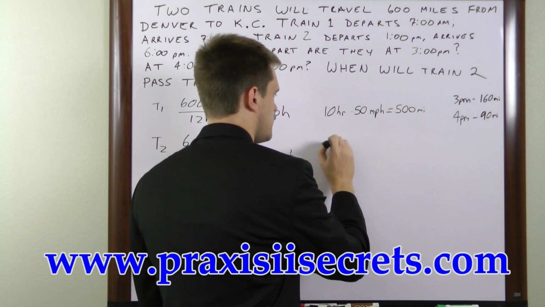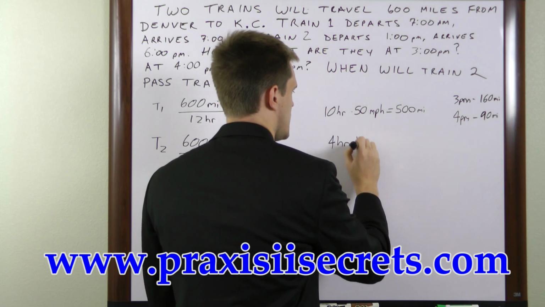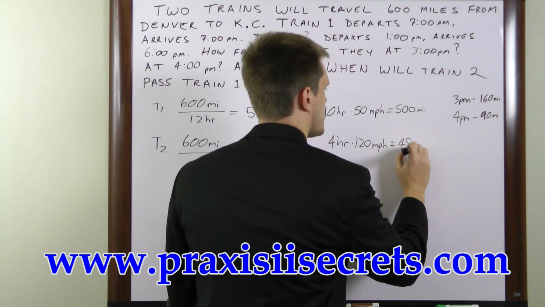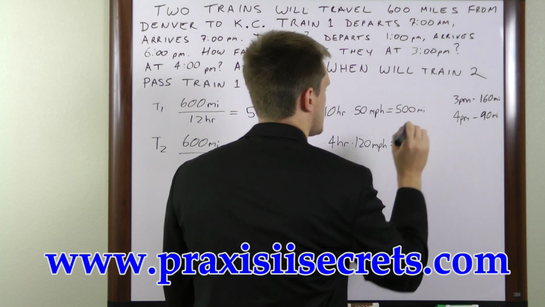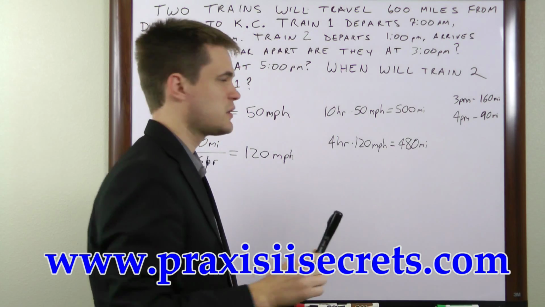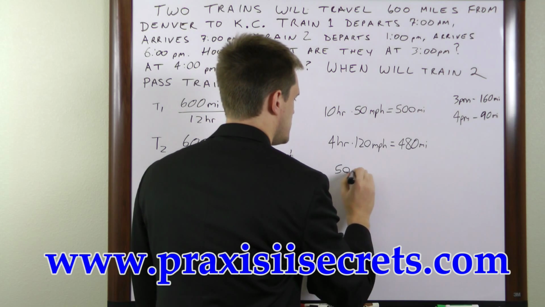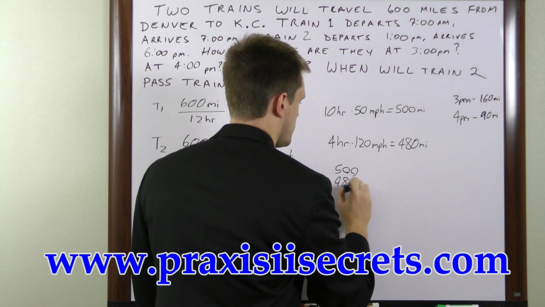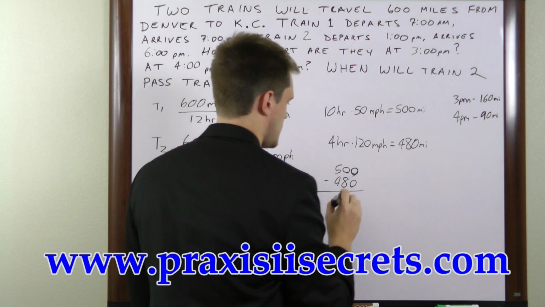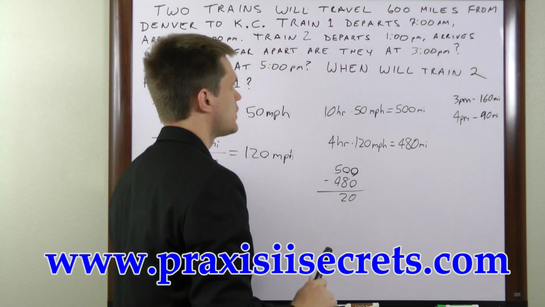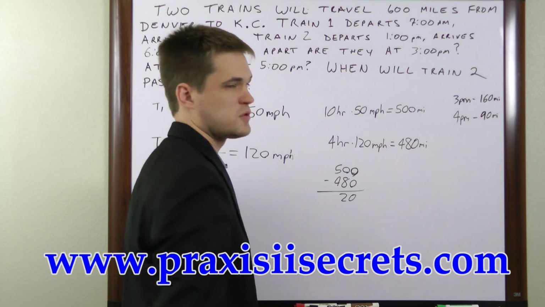And 4 hours times 120 miles per hour is 480 miles. So now these two trains are getting closer. 500 minus 480 is just 20 miles apart. So at 5 p.m., they're only 20 miles apart.